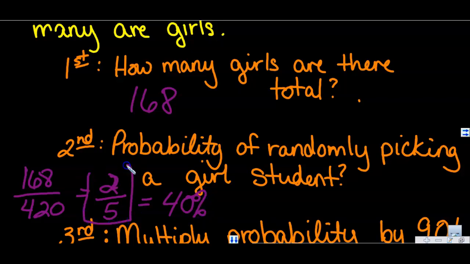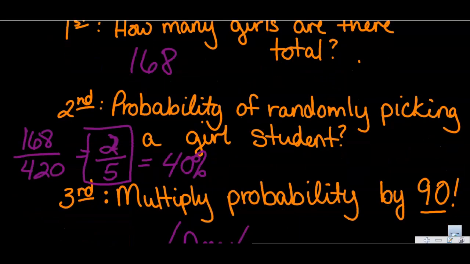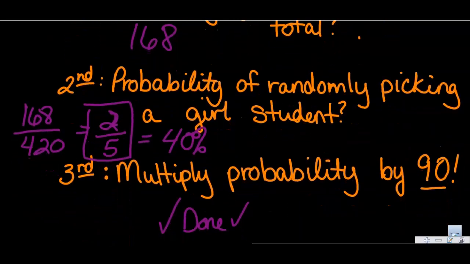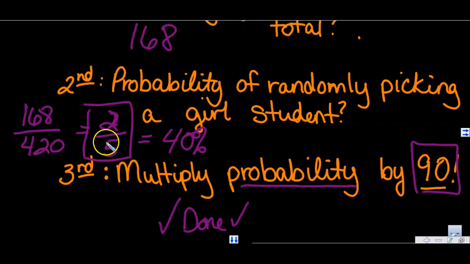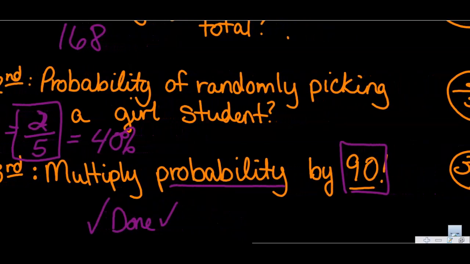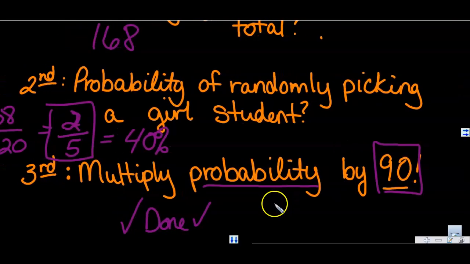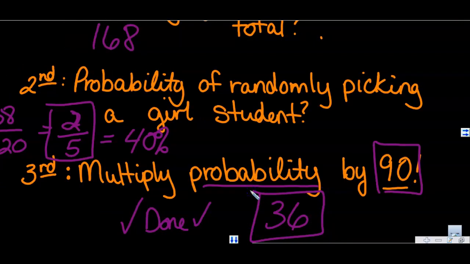Now that I found the probability of my event occurring, I can multiply that by 90 because I have a total of 90 students. If 2 out of every 5 of those students are girls, multiplying 2/5 times 90, I get a total of 36 girls. And that's my prediction: to count on possibly having 36 girls in my math class.